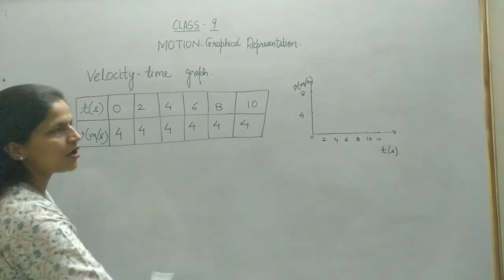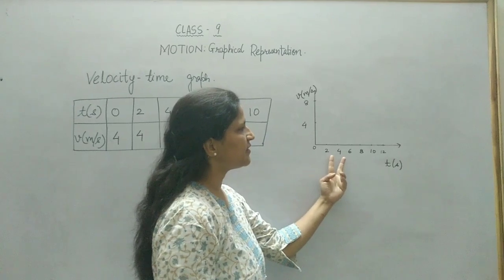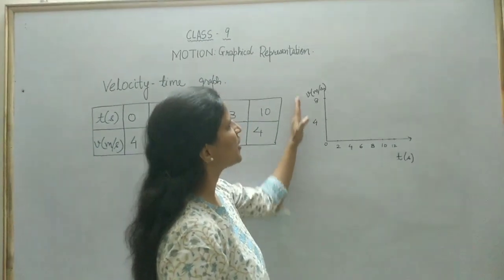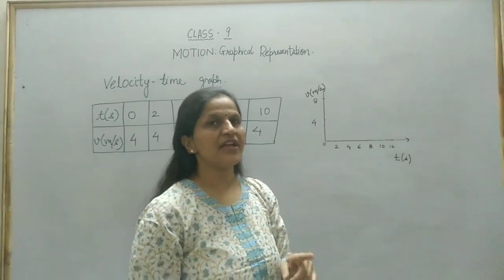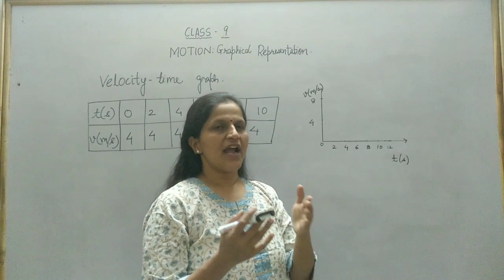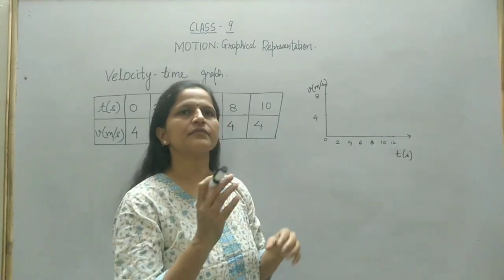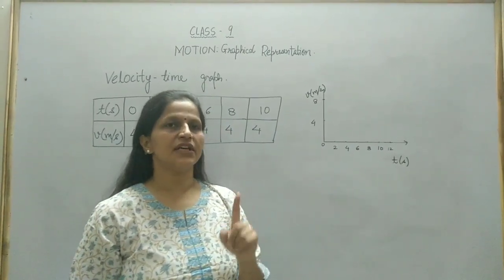Plotting this data on the graph paper, suppose we take a constant time interval 2, 4, 6, 8 on the x-axis and 4, 8 on the y-axis. Since you people do not have graph papers properly, and I am also drawing it here with the help of a scale, it is very important to mention the scale on the graph.